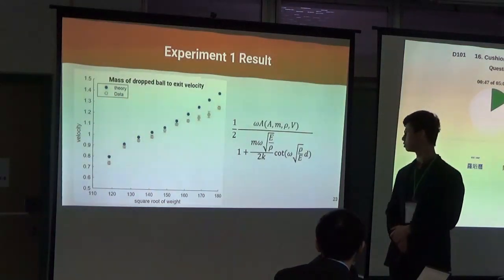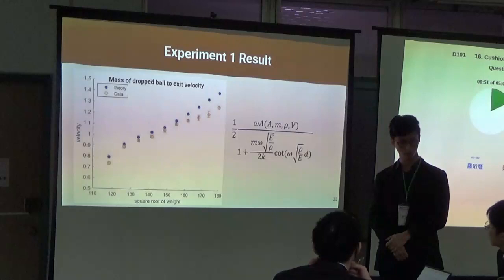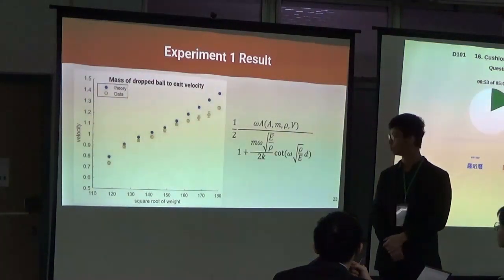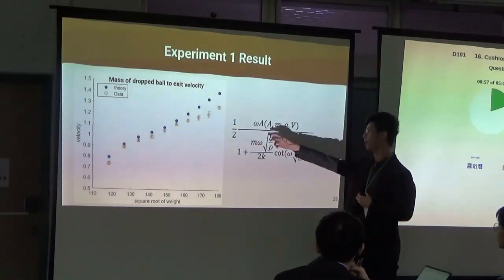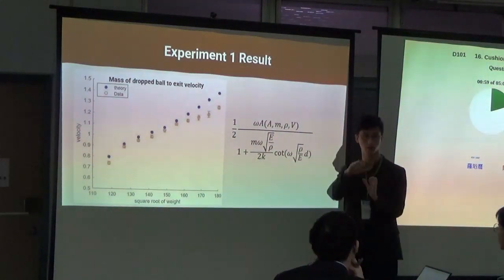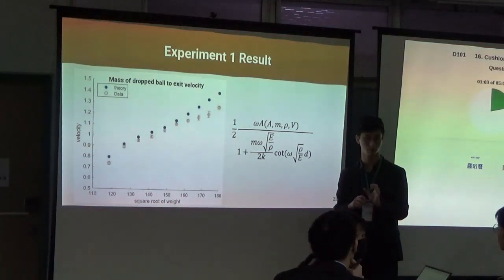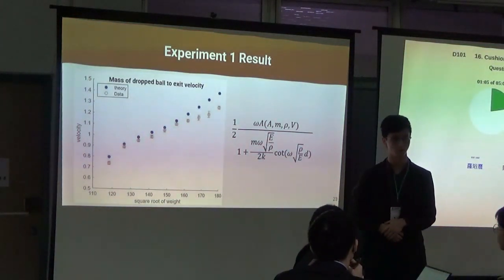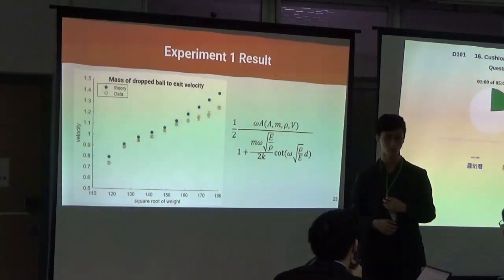So in this, how do you get the theoretical point? We measure the amplitude of the ball through the video analysis. Is there any fitting parameter here? Fitting parameters. Omega, where is omega?